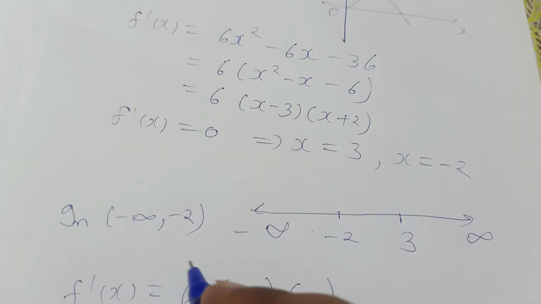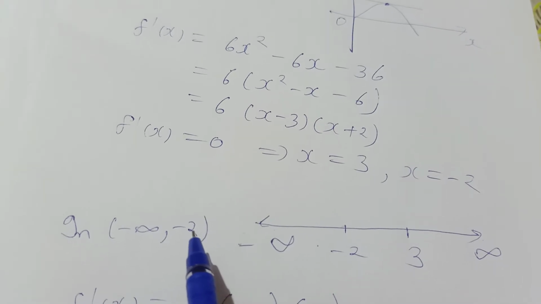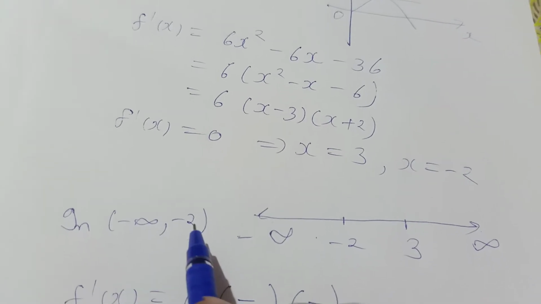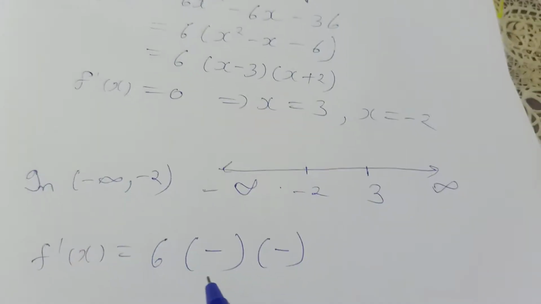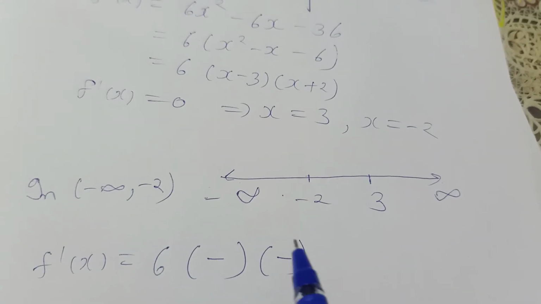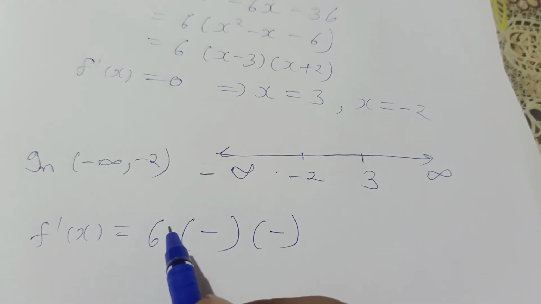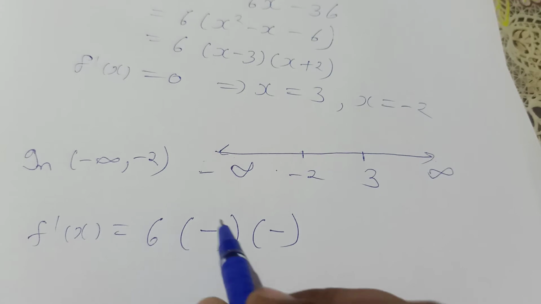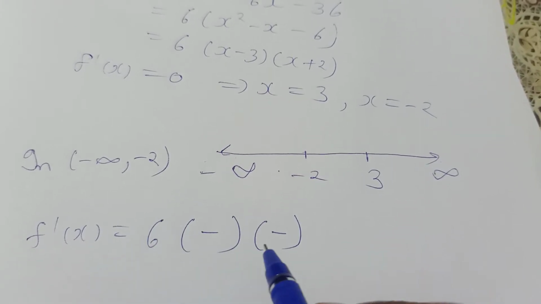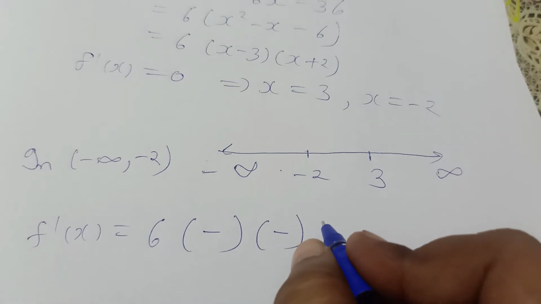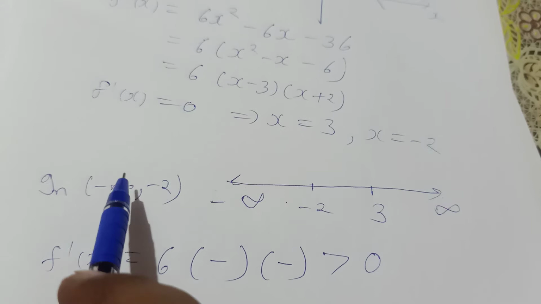What we have done is taken up a point in this interval and just put it in the value of x. You will find the sign. So 6 is positive, there is a negative quantity, there is again a negative quantity, so you will get at the end a positive quantity, that means greater than 0. So f'(x) is greater than 0 in this interval.